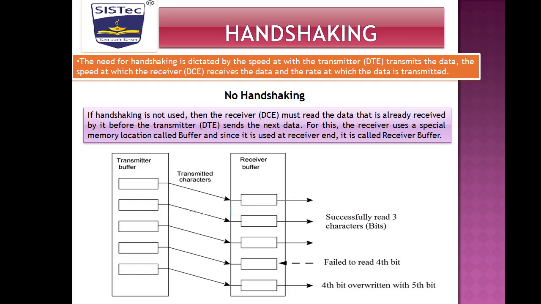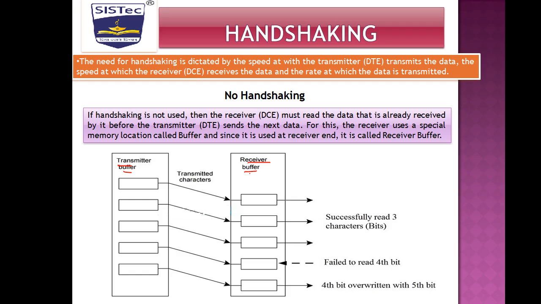In this figure it is clear we have a transmitter buffer and a receiving buffer. The transmitter buffer has the data which is to be transmitted, while the receiving buffer contains the data which is received. So at the transmitter end we use the transmitting buffer, and at the receiving end we use the receiver buffer.